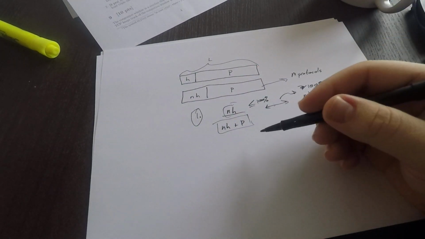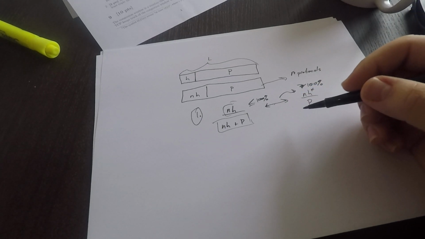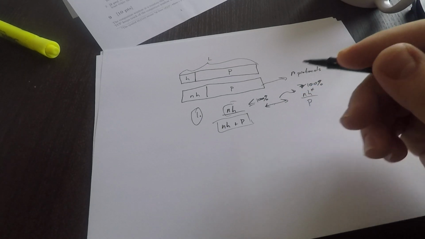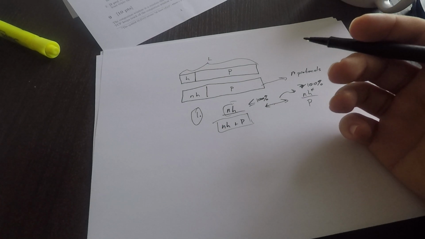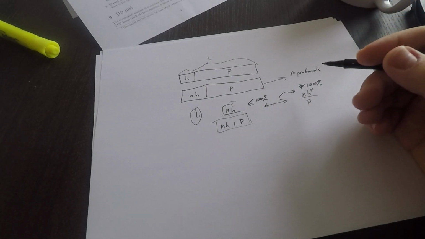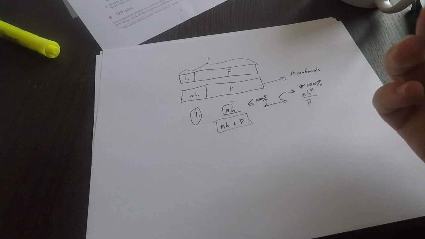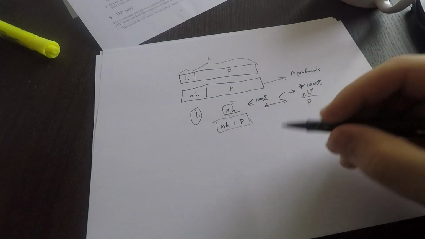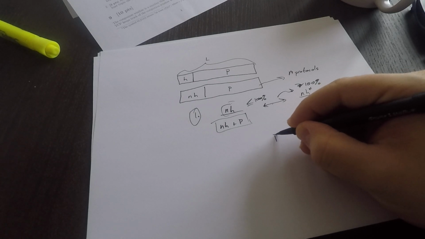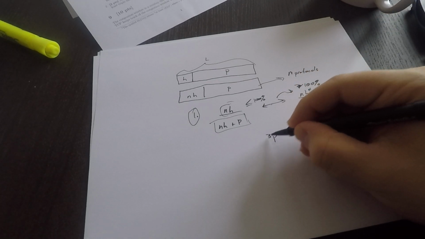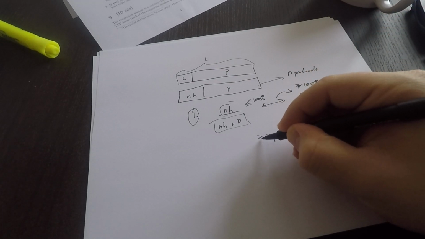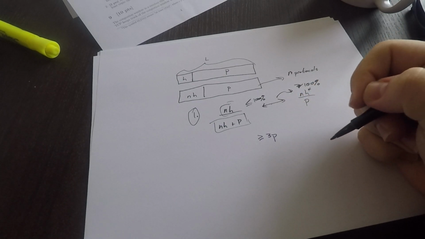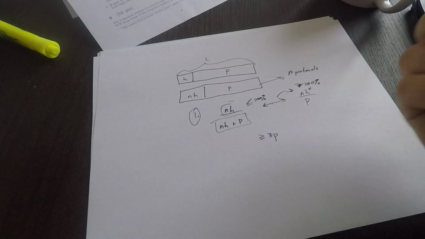Now for part two, you take whatever percentage you calculated, and we ask: after how many protocol applications is the length of the resulting packet at least triple the length of the original packet? The original packet is P, so we want triple the length, that's 3P, and we want it to be at least triple, that's greater than or equal to our packet length.